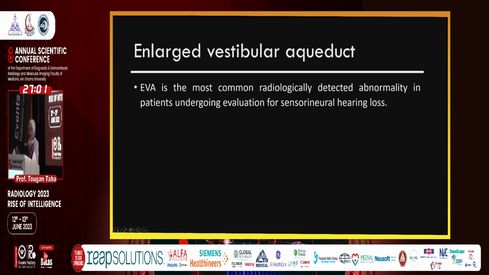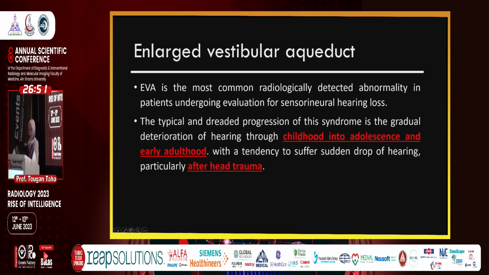Enlarged vestibular aqueduct is the most common radiologically detected abnormality in patients undergoing evaluation for sensorineural hearing loss. The typical and dreaded progression of this syndrome is a gradual deterioration of hearing through childhood into adolescence and early adulthood, with a tendency to suffer sudden drop of hearing, particularly after head trauma.